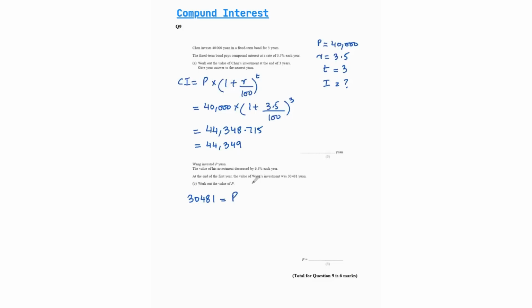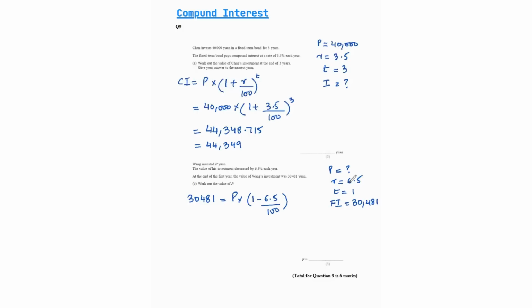We don't know the initial amount. That's what we're trying to find. So B is not given. R is 6.5. T is going to be 1 because we're talking about 1 year right now. And your final amount is 30,481, so times 1 minus 6.5 over 100 now.